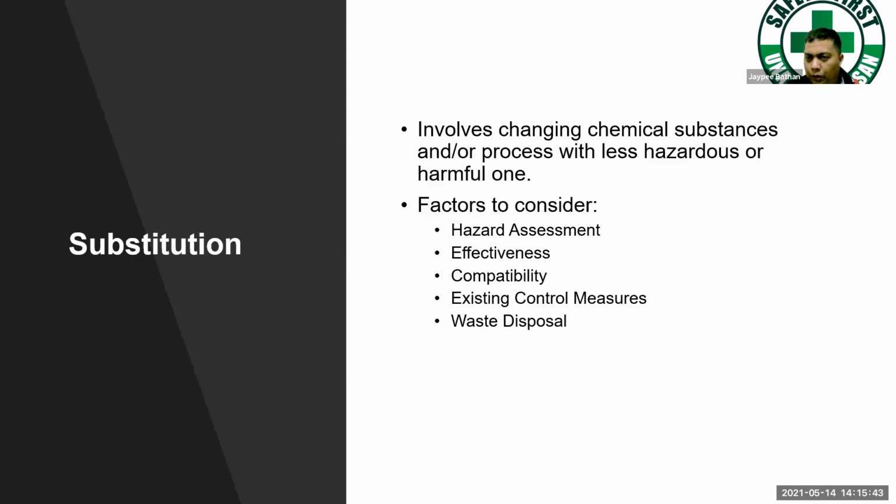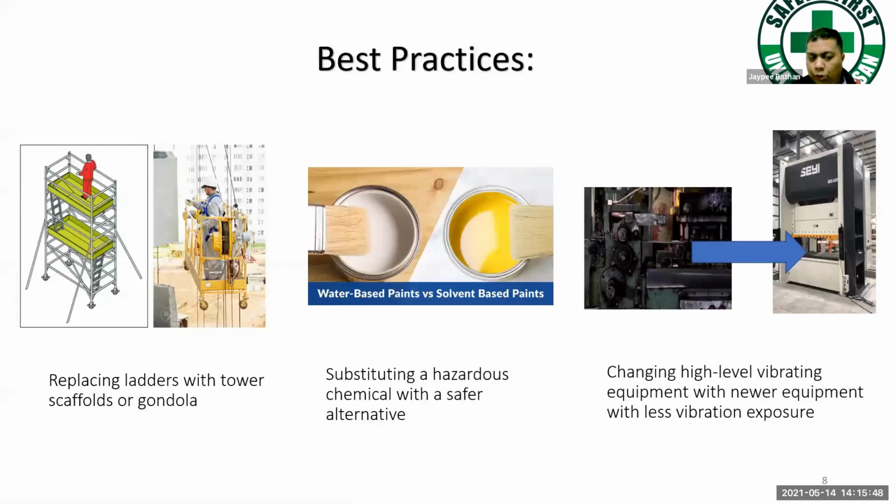For this substitution, some of the best practices: replacing ladders with towers, scaffolds, or gondolas, especially when we are working at heights, on the 10th floor, 20th floor, we need a scaffold or gondola or supported scaffold.